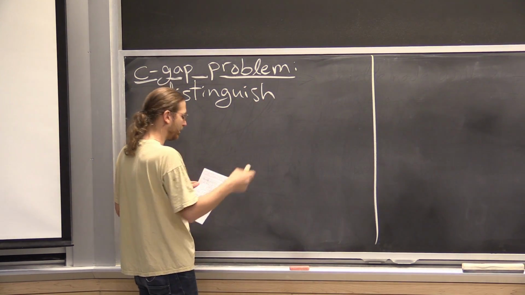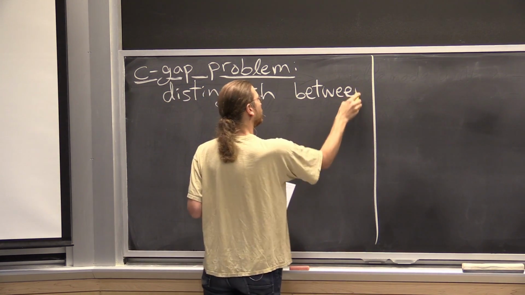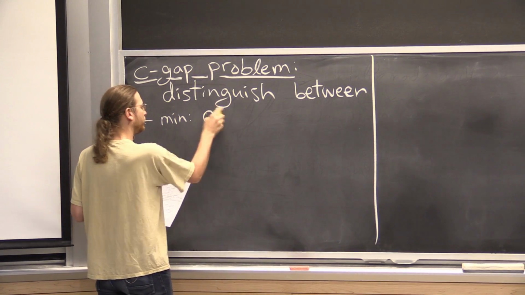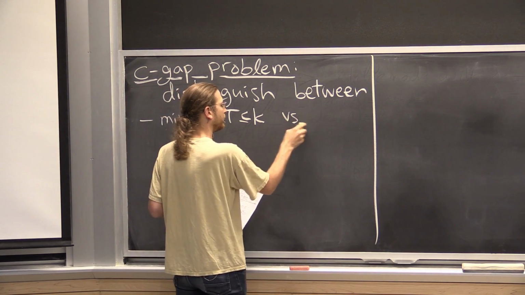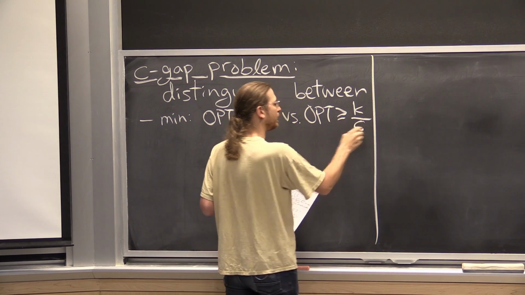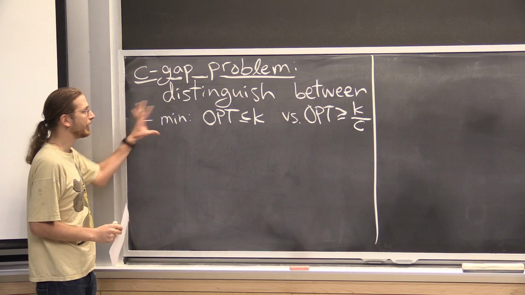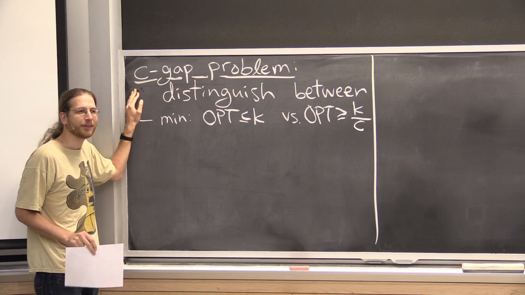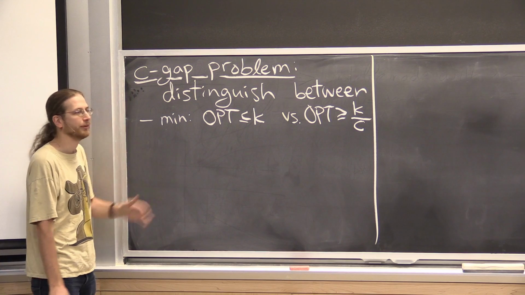Instead of just deciding whether opt is at most k, we want to distinguish between opt being at most k versus opt being at least c times k for some value c. And the analogy here is with a c-approximation algorithm. c does not have to be constant despite the name. It could be a function of n. Maybe it's log n, maybe it's n to the epsilon, whatever.